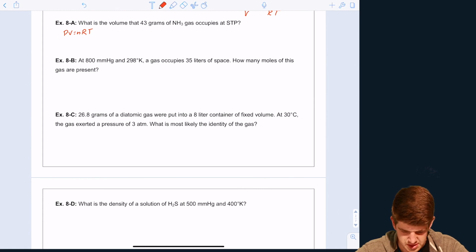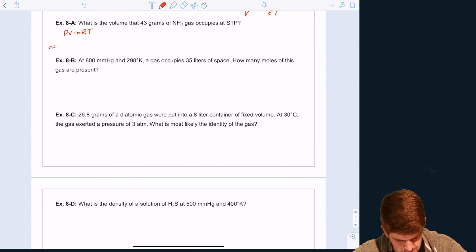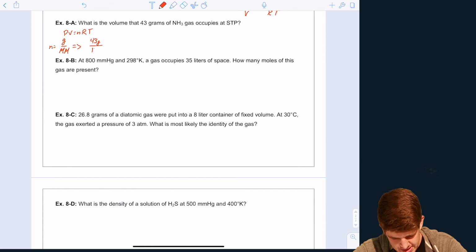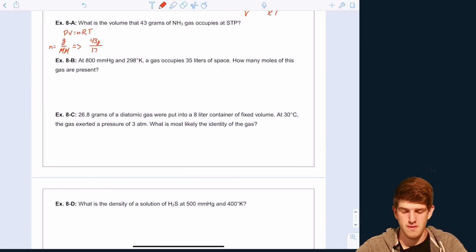In PV equals nRT, we have moles, but we don't actually have the number of moles of NH3. But I know that moles are equal to grams over molar mass. And I have 43 grams, and I know that the molar mass of NH3 is 17 just because 14 for nitrogen, 3 for hydrogen.